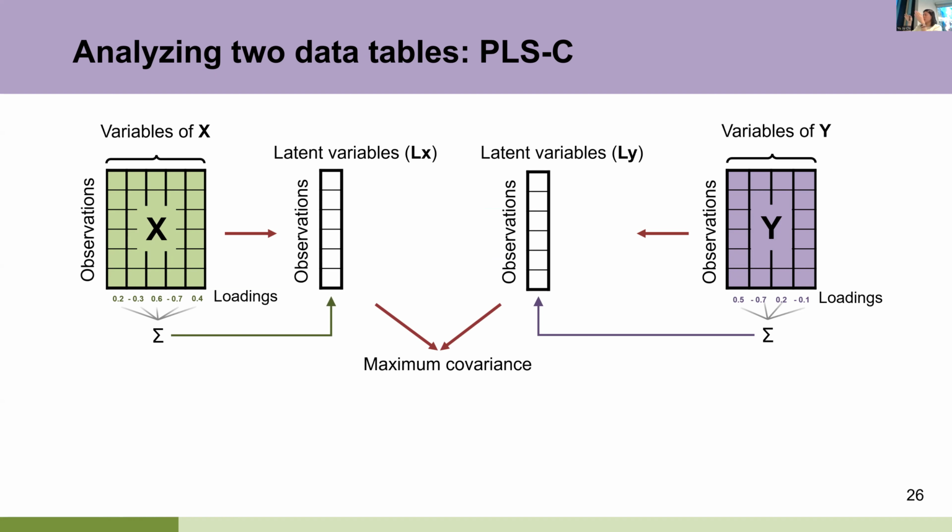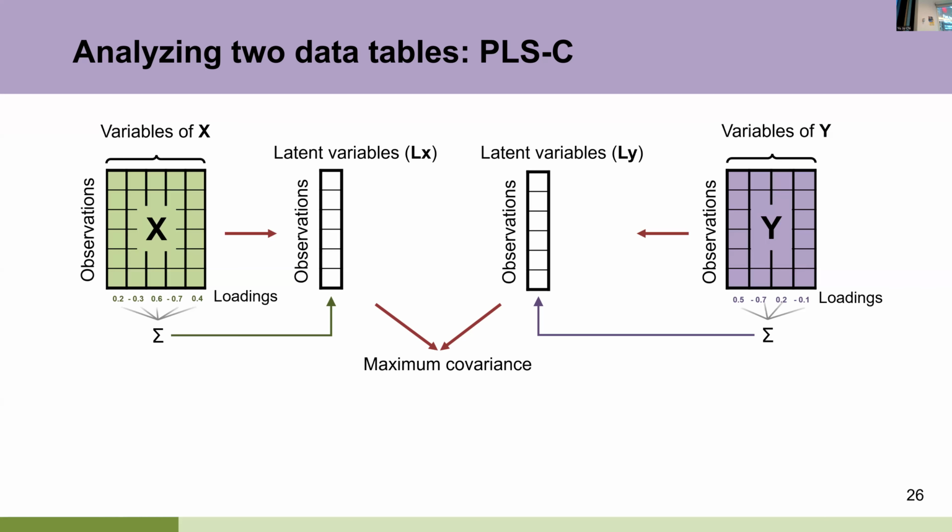And this pair of latent variables from X and from Y need to look as similar as possible to each other. And by that, I mean they need to have maximum covariance. So what this does is that I'm extracting the most related information to Y from X and the most related information to X from Y. And I'm making that into a pair, a set.